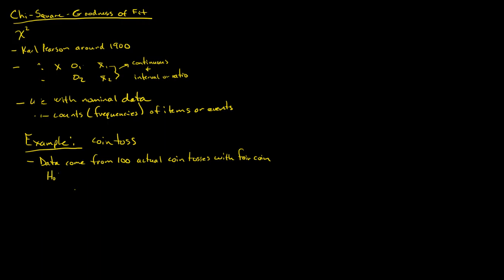The null hypothesis that we want to test here is that the data come from a population having a 1-to-1 ratio of heads to tails. Now you can change this. It doesn't always have to be a 1-to-1 ratio.